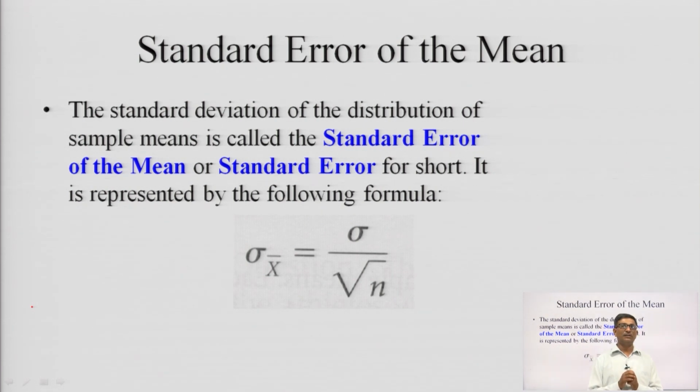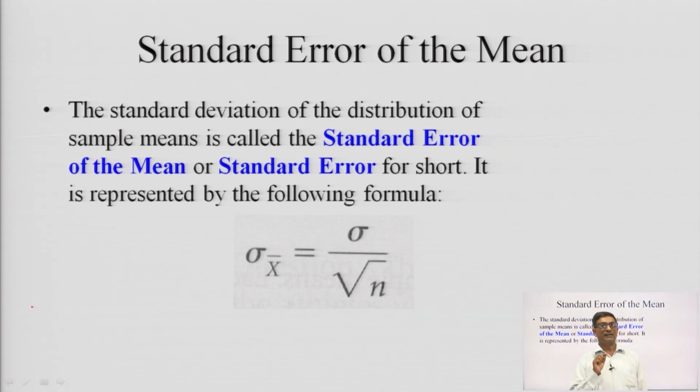Now, the last term in our present lecture is standard error of the mean. The standard deviation of the distribution of sample means is called the standard error of the mean, or standard error for short.